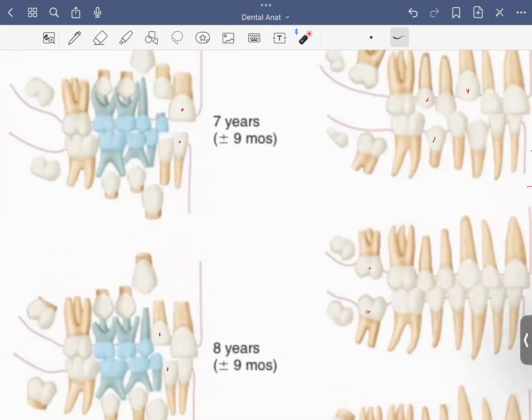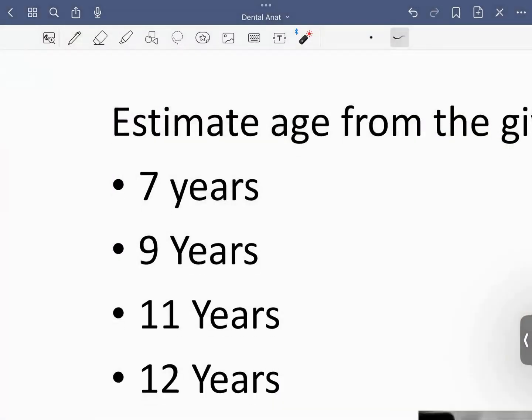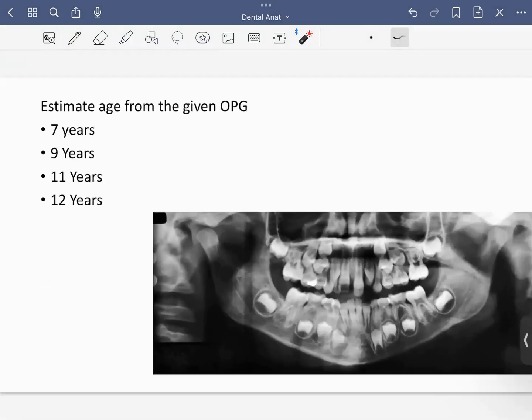But if you see at 7, the roots are not completed. So based on that, because the roots are not completed, the answer will be 7 years. Got it, everyone? Yes, sir.